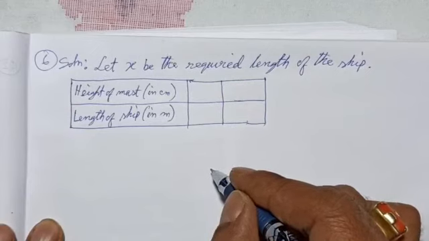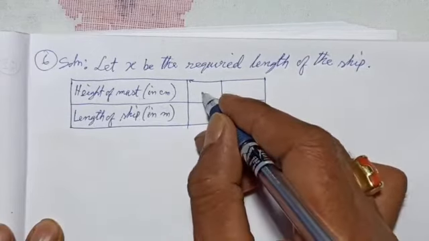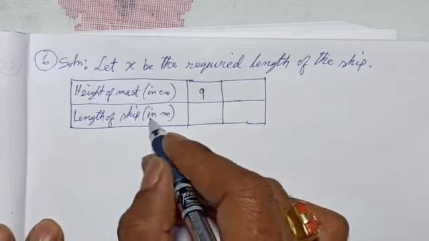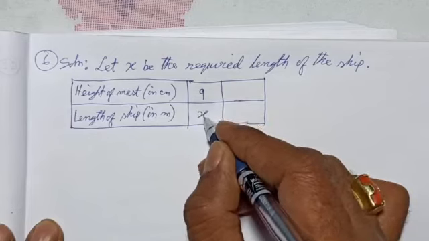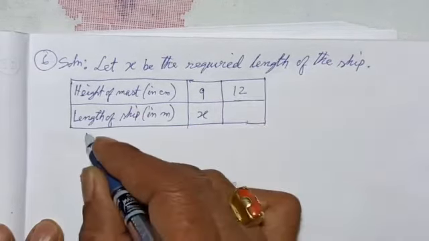So in the question it is given that the height of the mass is 9 centimeter, then the length of the ship is to find out, x, and the height of the mass is again 12, and the length of the ship is 28.